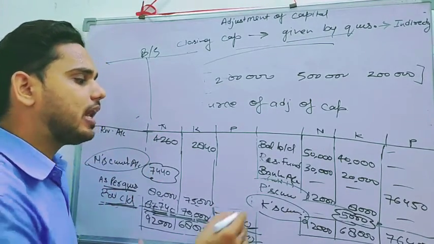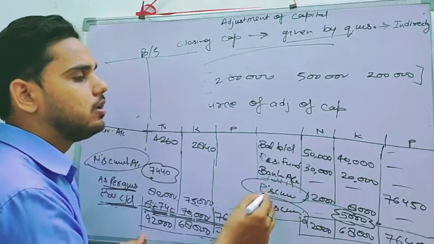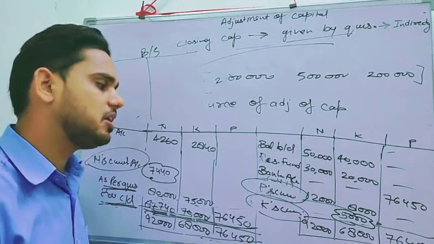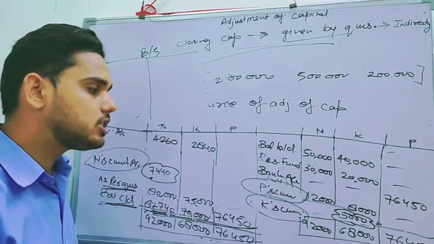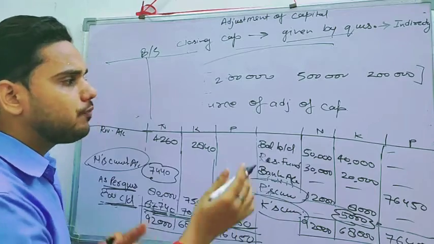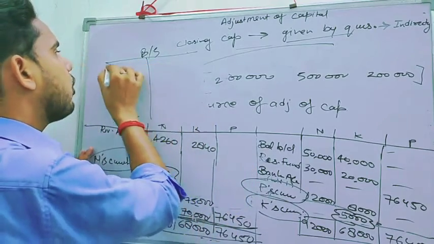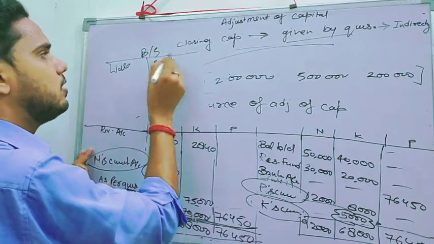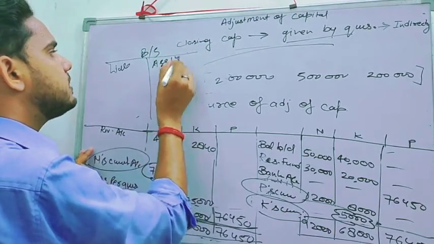Same way you were writing the balance of the new partner's current account if he was not bringing premium in cash. So where will we write, sir? On the liability side or on the asset side? Simple. This is the balance sheet format, liability and asset. Okay, so the funda is very simple.